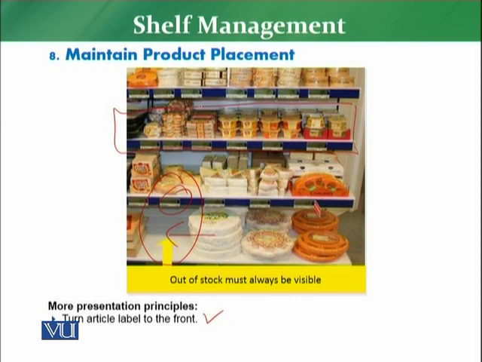For example, if there is non-availability of a product for 30 days, or for example 15 days, then you can fill that place with some other product. Otherwise, if it is a short-term shelf gap, then you need to maintain that product placement so that the customer knows that this product is out of stock at the moment and will be available in a shorter period of time.